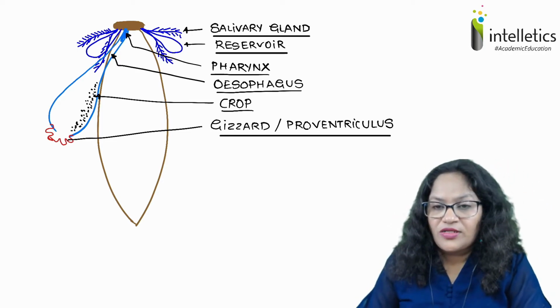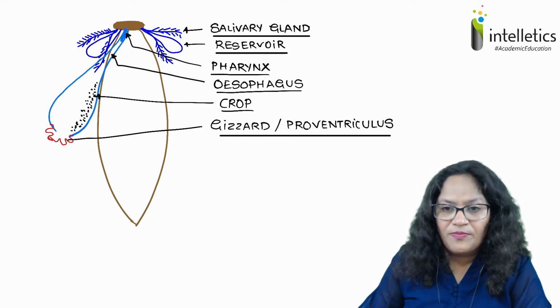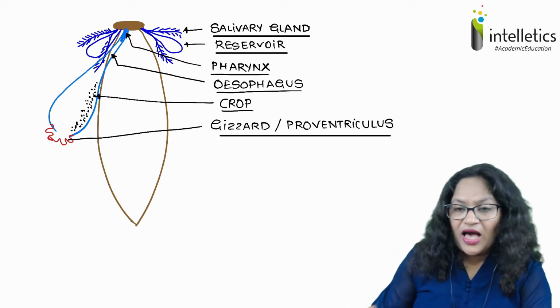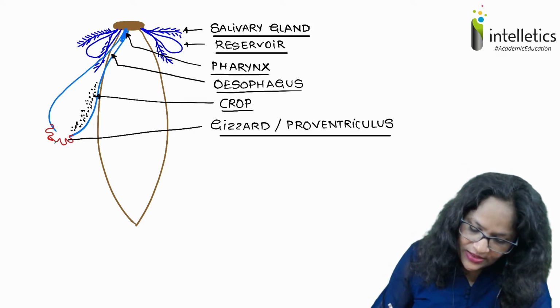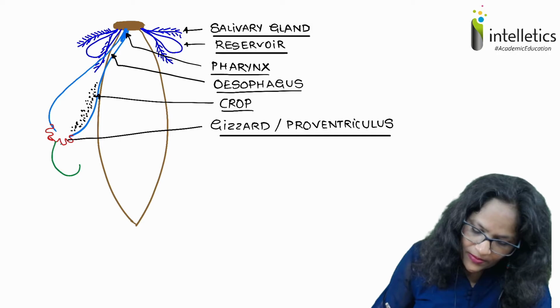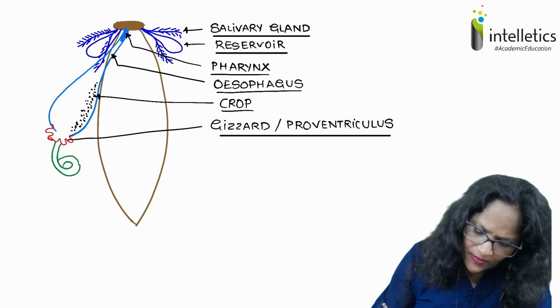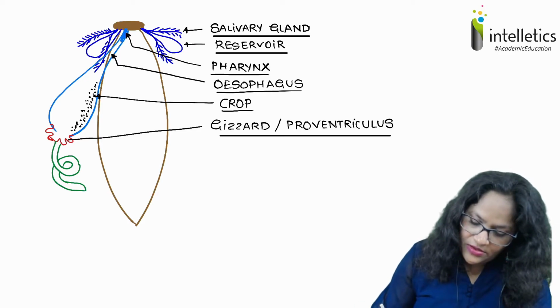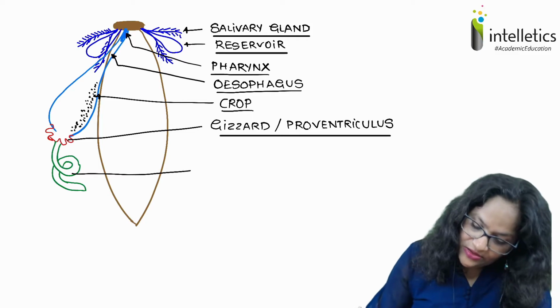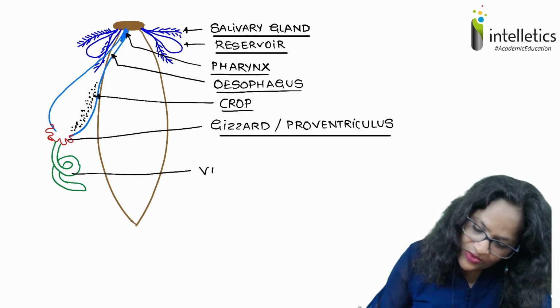Now, why is it called as the proventriculus? Pro यानी before. Okay, so इसके आगे वाला जो part है, I will better draw it so that you understand it. Okay, so this part, I shall label it. This part is the ventriculus, which is nothing but the stomach.